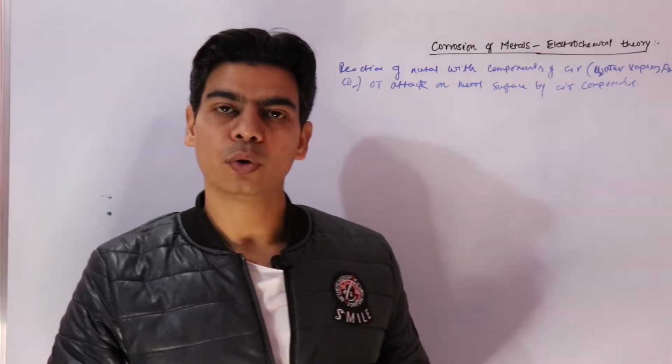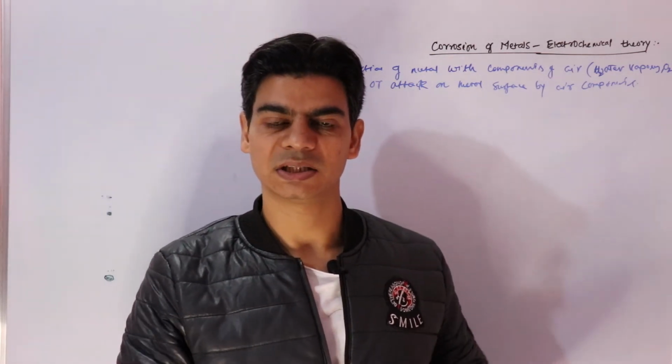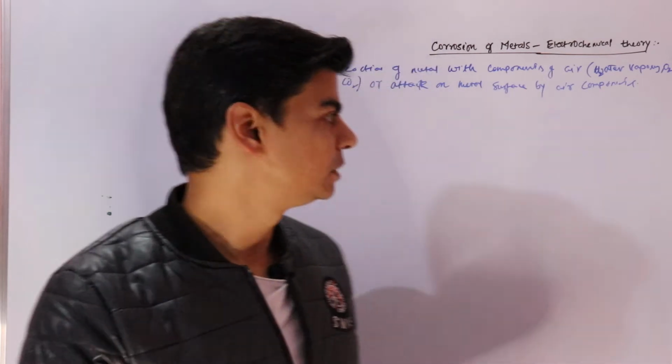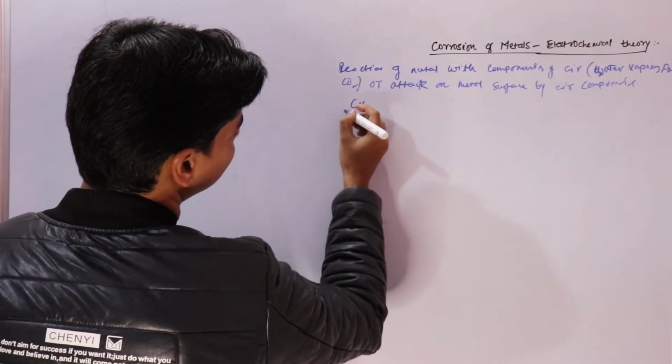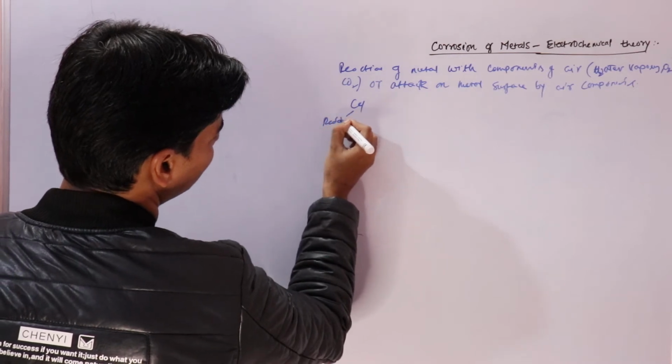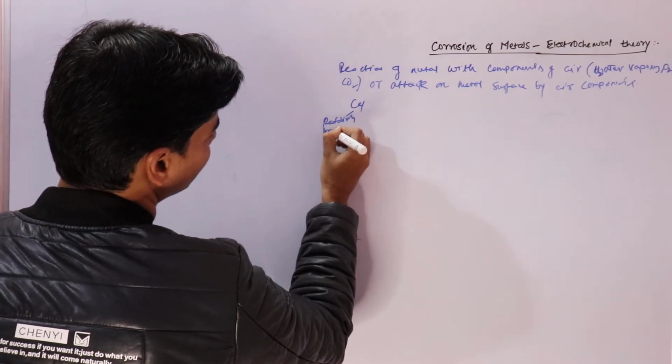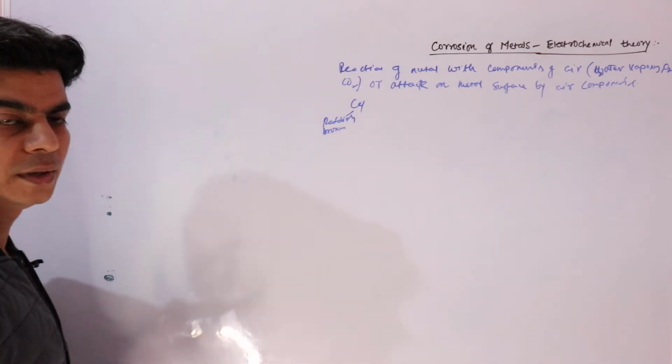When a pure reddish brown copper metal is exposed to air, what happens is, this is your copper, reddish brown in color when in pure state.